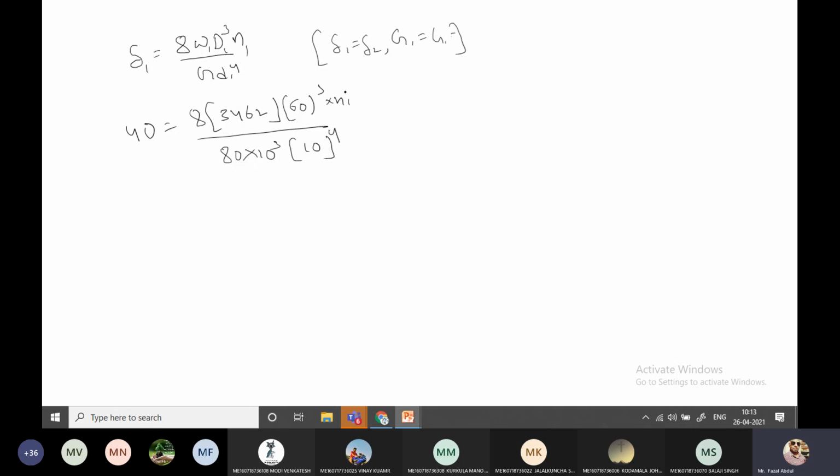Now the only unknown parameter is N. Now get the number of active turns in the spring. N1 represents the number of active turns in the spring.